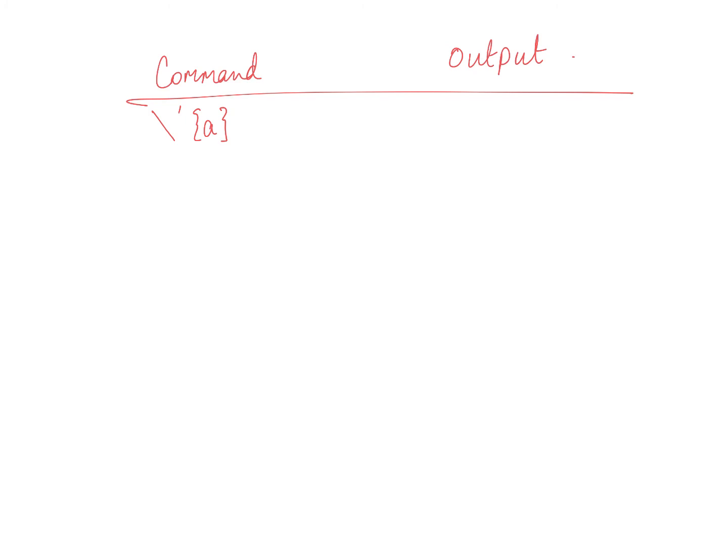So let's look at some commands and outputs that we can use. I'm going to make a list: command and the output. If I did backslash and with an A, I get this accent on top. If I did this, I get this one. This will give me my umlaut.